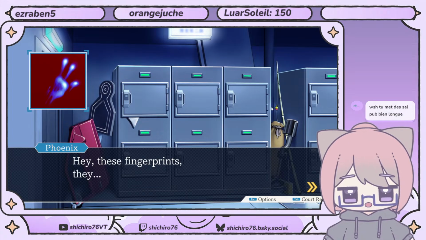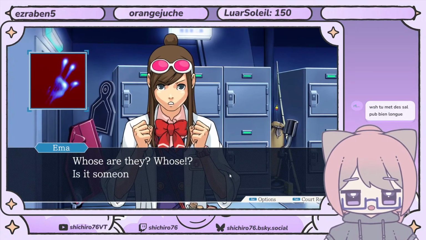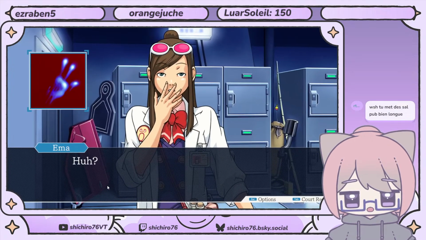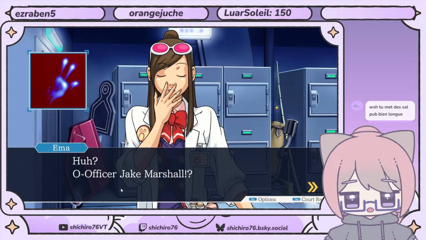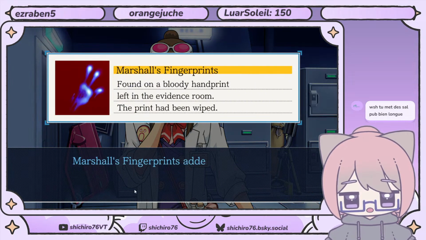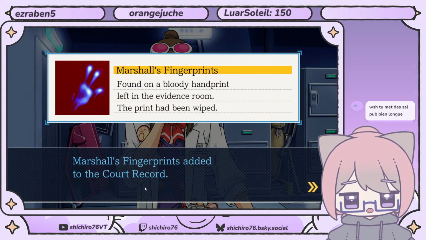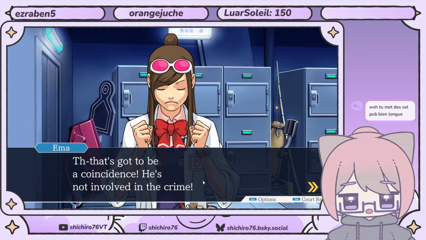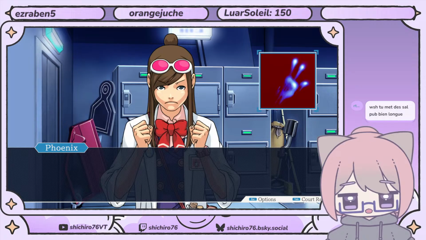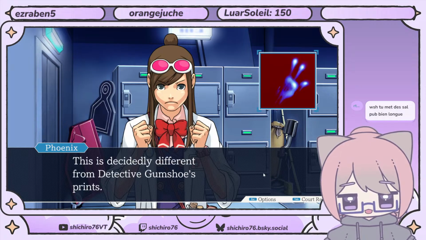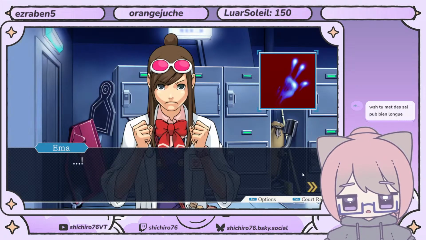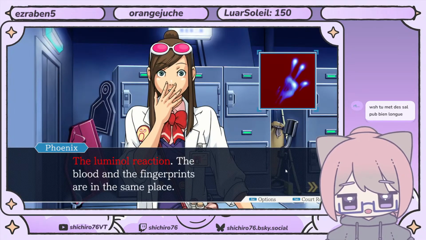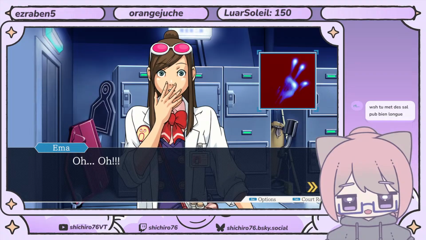Hey, these fingerprints, whose are they? Whose? Is it someone I know? It's Officer Marshall. Huh? Officer Jake Marshall? Marshall's fingerprints out of the court record. That's gotta be a coincidence. He's not involved in the crime. Emma. This is decidedly different from Detective Gumshoe's prints. The luminol reaction, the blood and the fingerprints are in the same place.